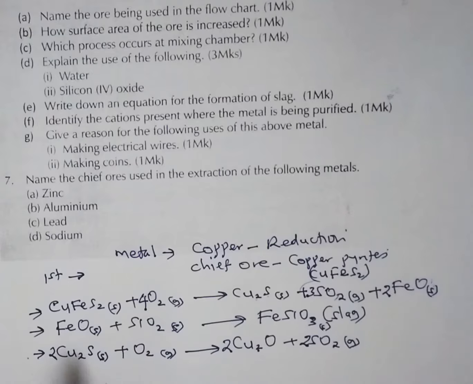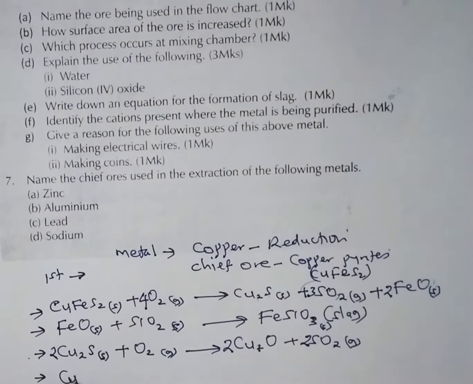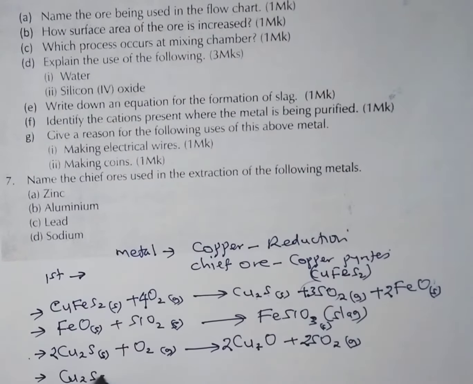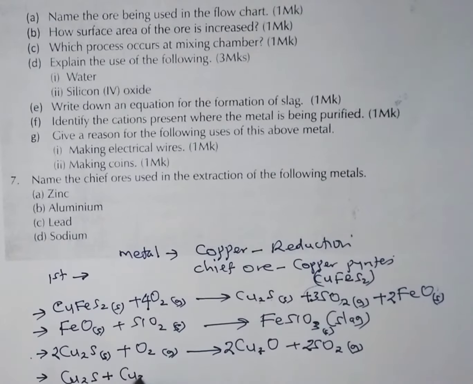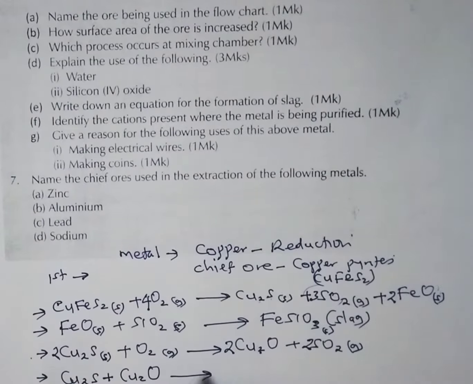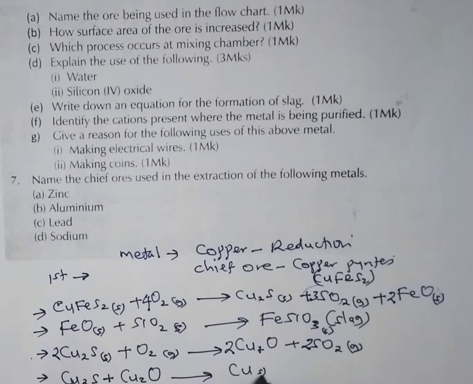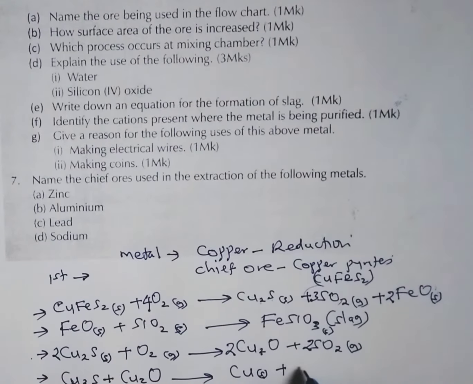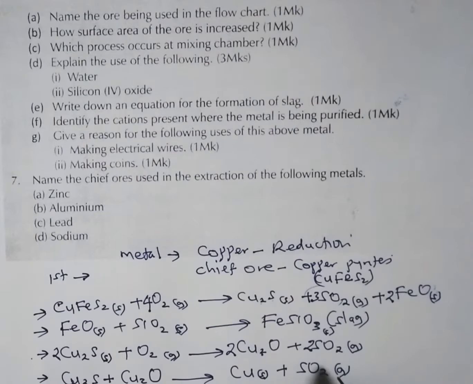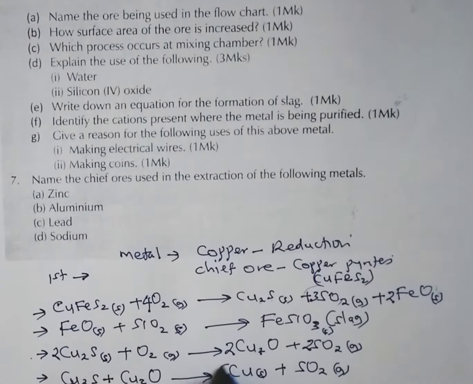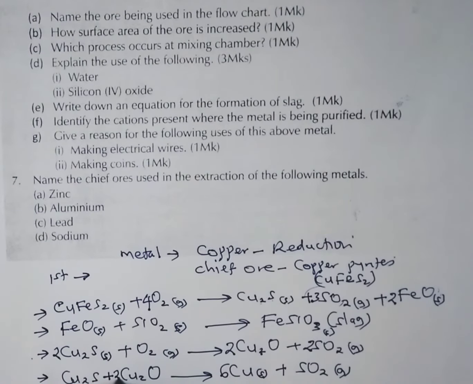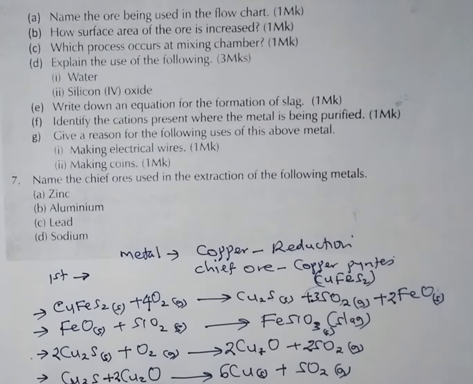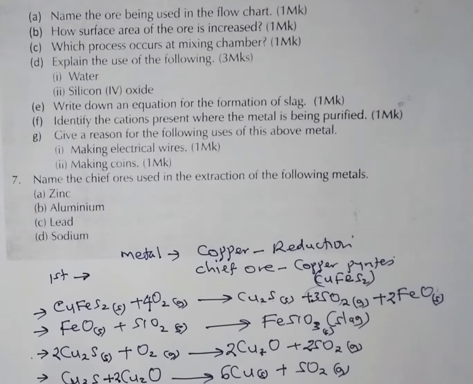So the unconverted copper 1 sulfide will reduce the copper 1 oxide into copper metal, which is a solid, and of course sulfur 4 oxide gas. In this case, now we can balance our equation by writing 6 behind copper. We write 2 behind copper 1 oxide, and the equation automatically balances.